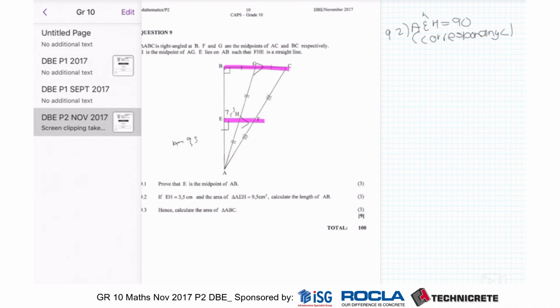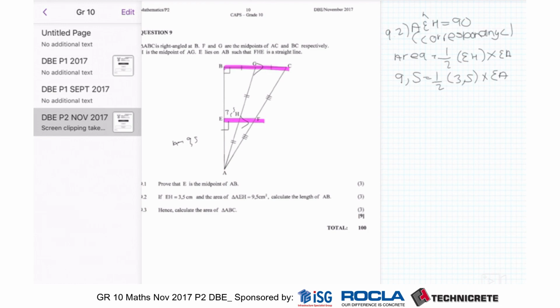Because we're working with the area of a triangle, it's half of the base times the height. Okay? So the area is half of my base, which is EH, times by the height, which is EA. We know the area is 9.5. We know EH is 3.5. We want to find EA. Okay?